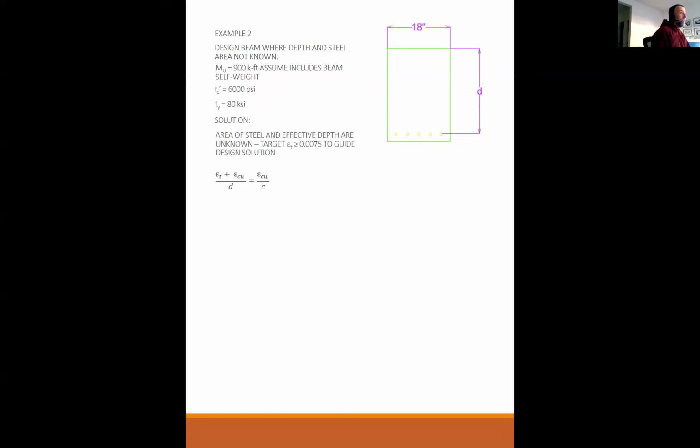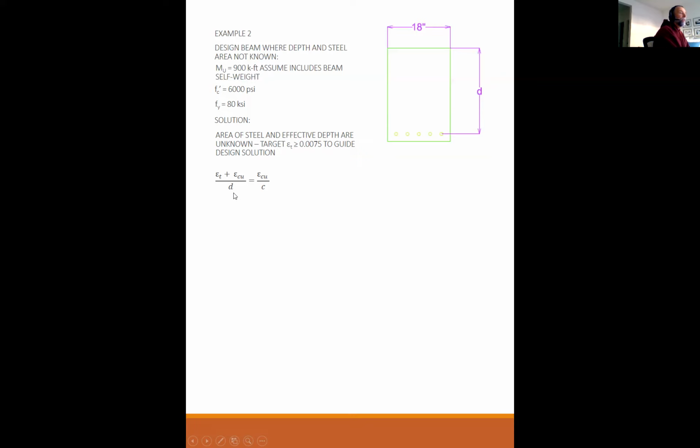So it's called design for a reason. There's no one single equation that will give you a perfect design. But since we're going to use epsilon sub t greater than 0.0075 as our target, we need to use that target to find what the d should be.